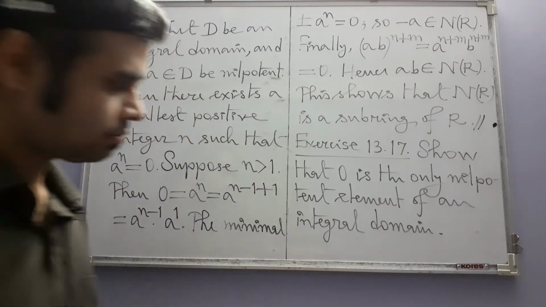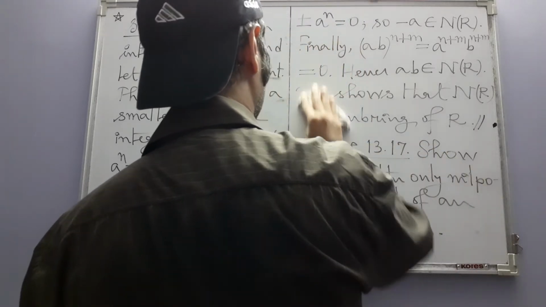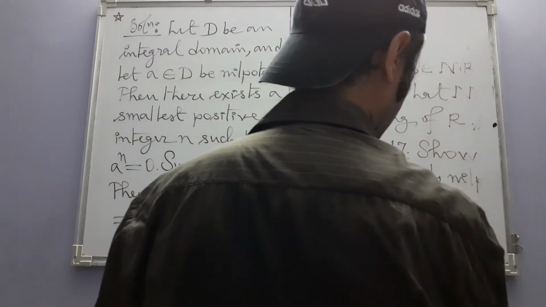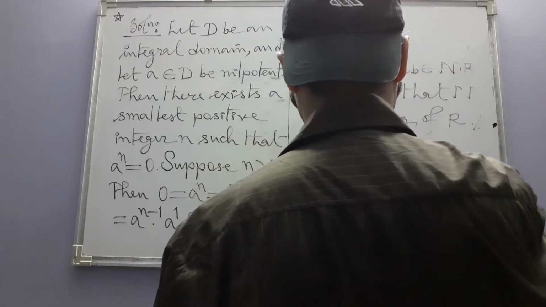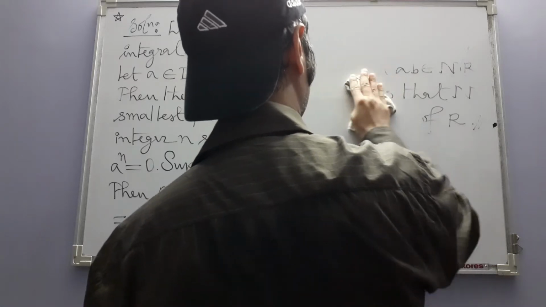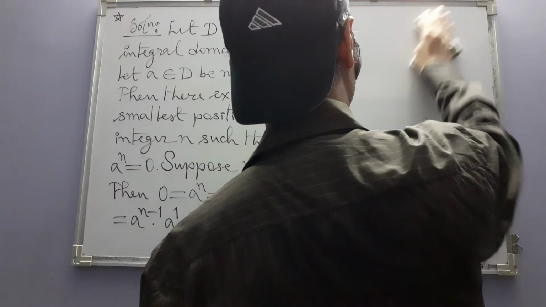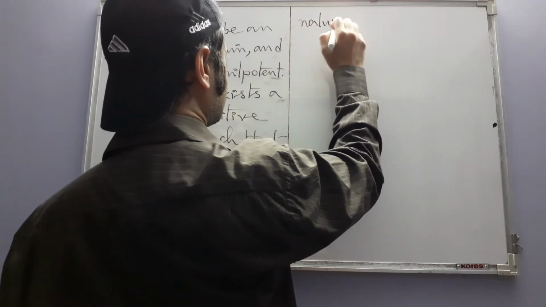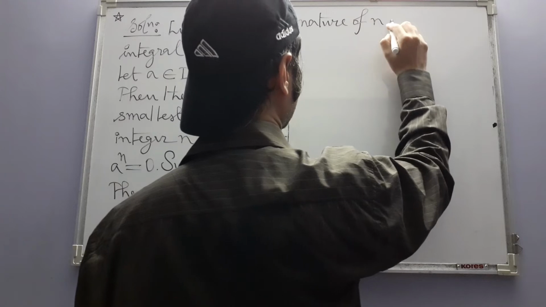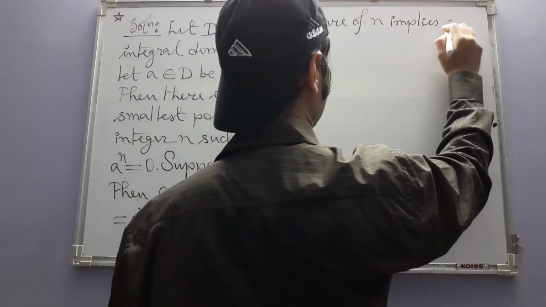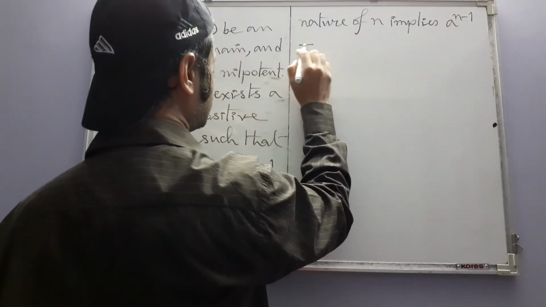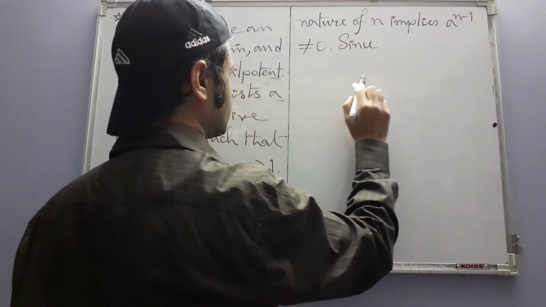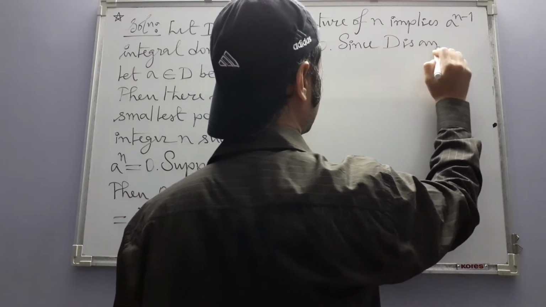The minimal nature of n implies that this power is not equal to 0, since D is an integral domain.